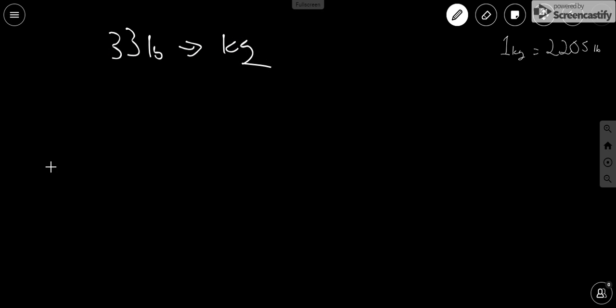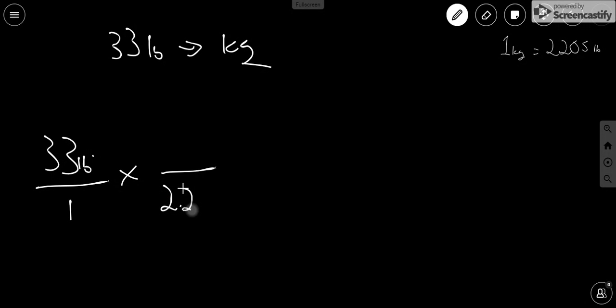Again, just like before, we want to rewrite that question down here as a ratio. So we go 33 pounds as a ratio, and we want to times it by our conversion ratio. Pounds is on the top, which means we want to cancel it out, so the pounds goes on the bottom: 2.205 pounds, and kgs can then only go on the top.